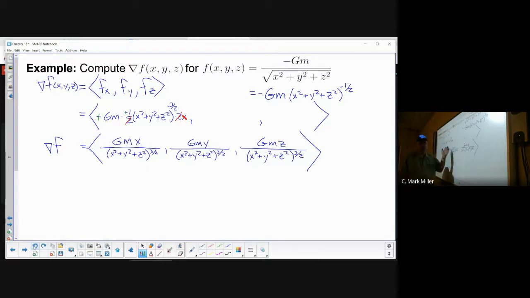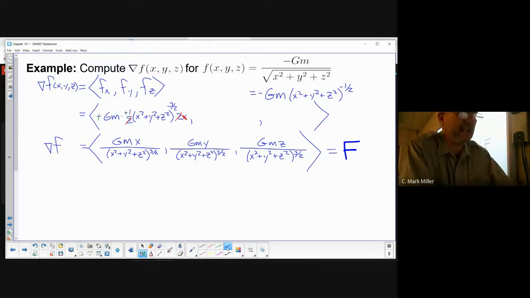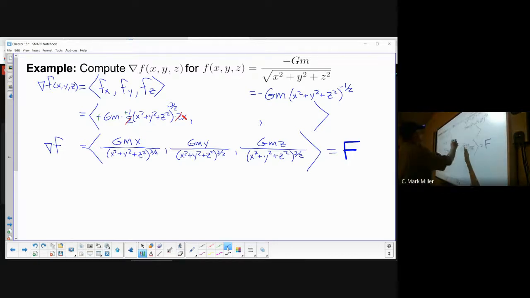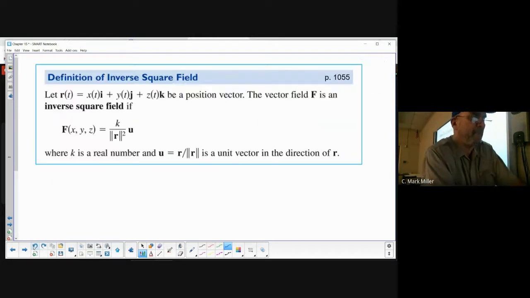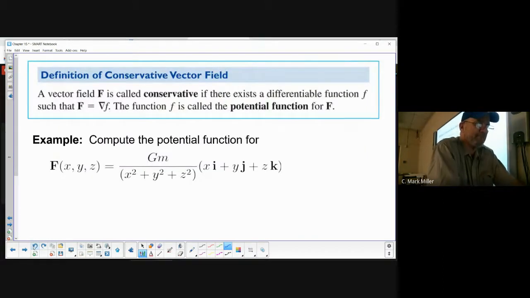And so if we call this vector field capital F, it is conservative, because it's the gradient of this function here. So a vector field F is conservative if it is the gradient of some differentiable real valued function.